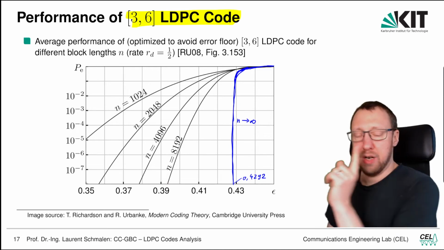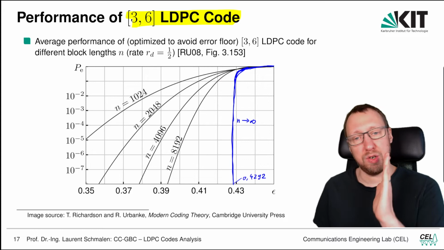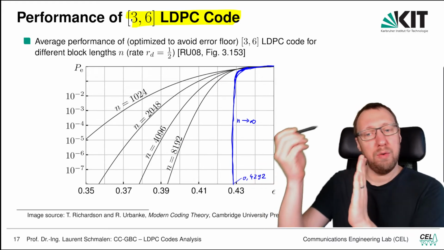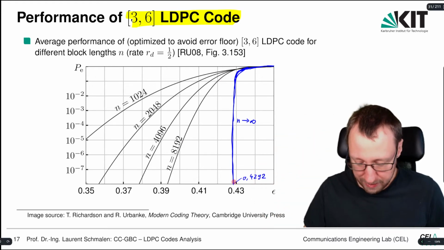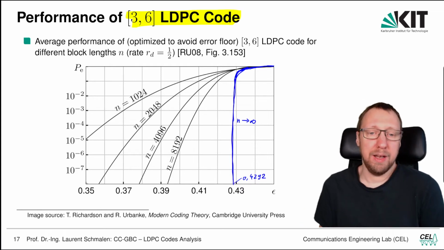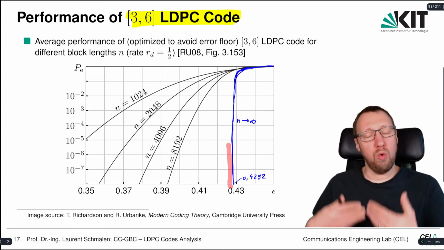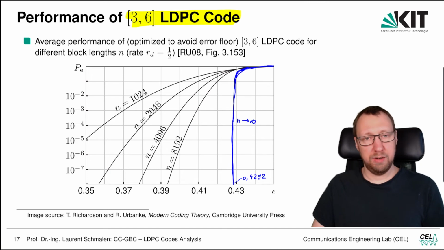This is the threshold that we mentioned in the previous chapter, so that there is a threshold at which the error rate drops rapidly. We have just determined numerically a threshold. And the code performance, if we increase n, will actually move towards this threshold.